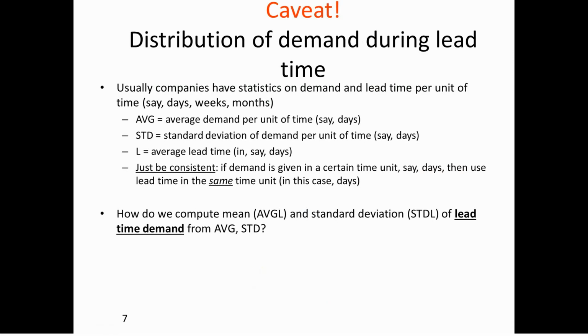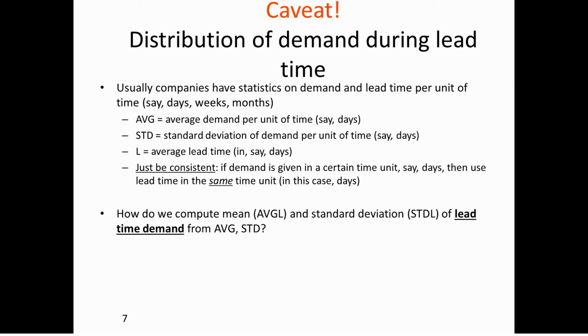One thing you have to be careful of, as usual, but even more important here, is that the distribution of the demand during the lead time has to be computed in the same time units. Just be consistent about that, because if you're not consistent with the time units, you'll see that things do not calculate the same way, especially now that we're going to be compounding things over a lead time.